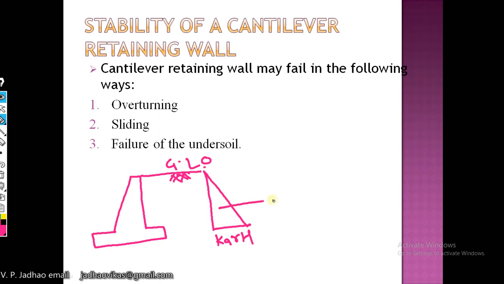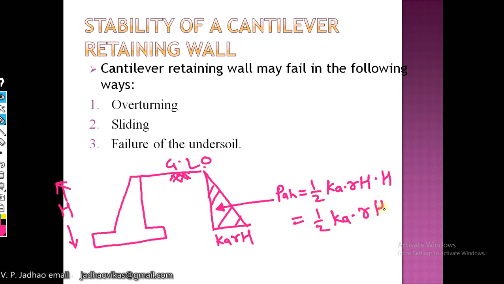Therefore the lateral pressure due to active earth pressure, let us consider PAH, will be equal to the area of this triangular portion. So area is half into base Ka gamma H, multiplied by the total height of your retaining wall H, so this will be equal to half Ka gamma H square.